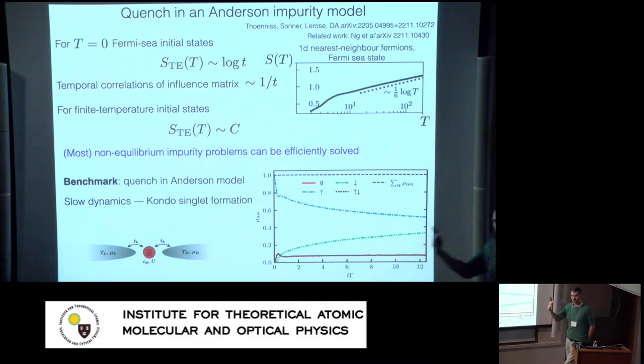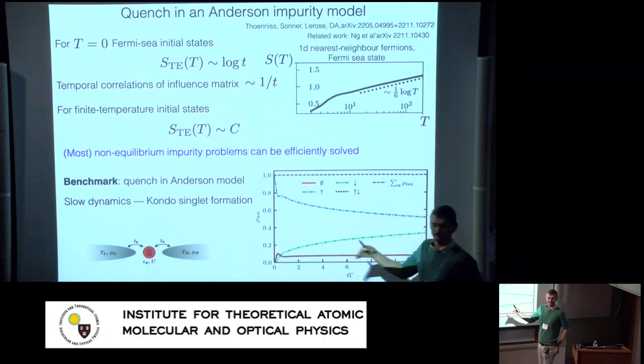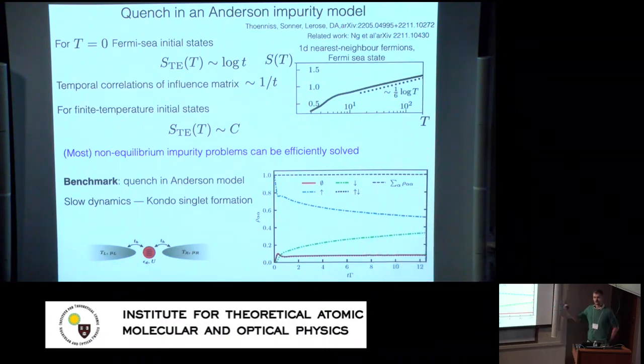And this tells us that computationally, most of these non-equilibrium impurity models, which have been at the center of research in quantum transport and also in DMFT for quite some time, can actually be efficiently solved.